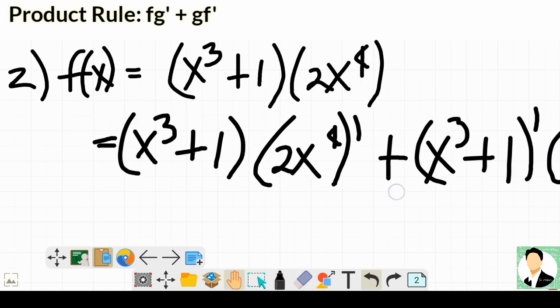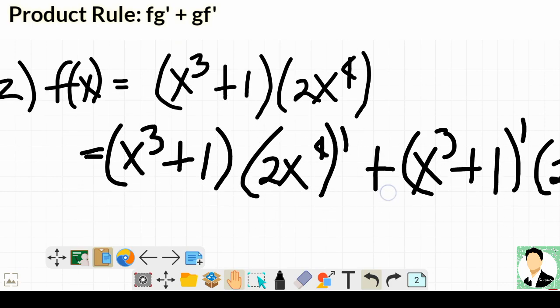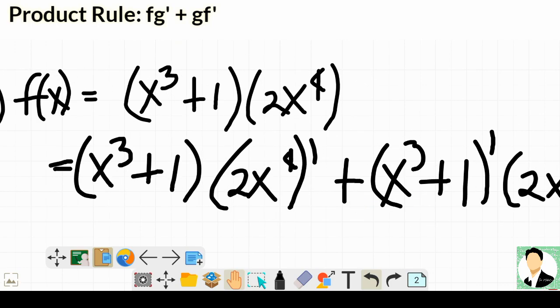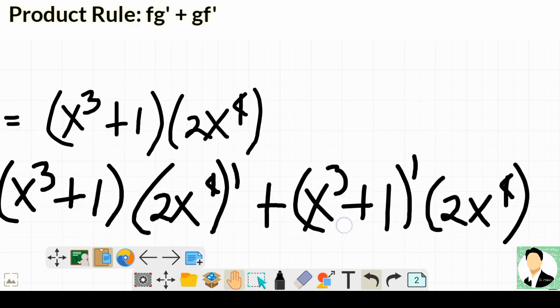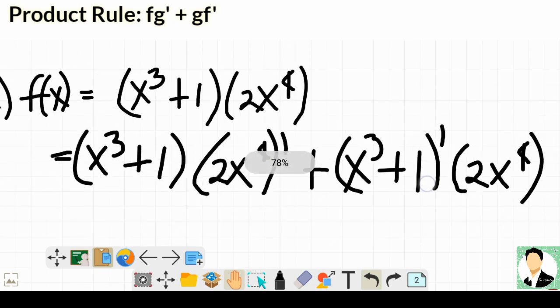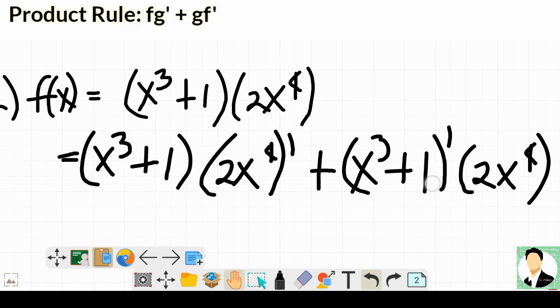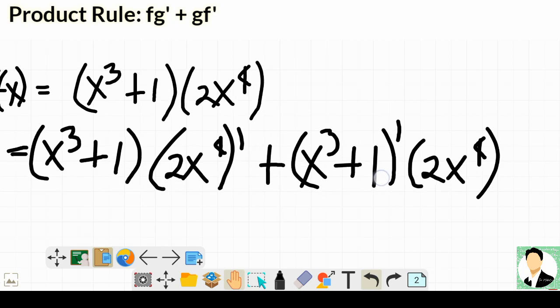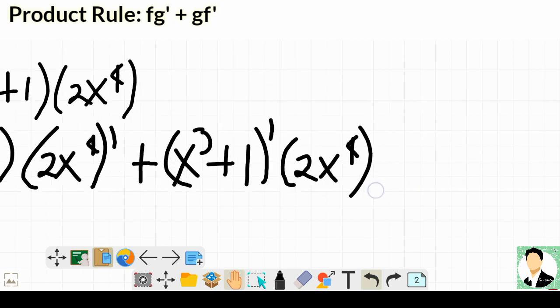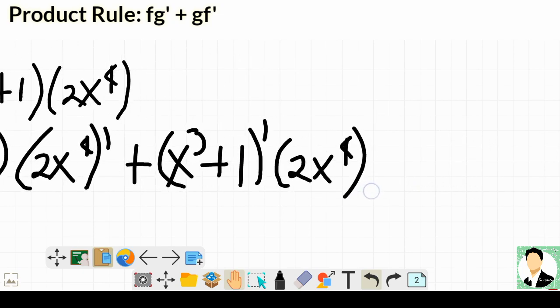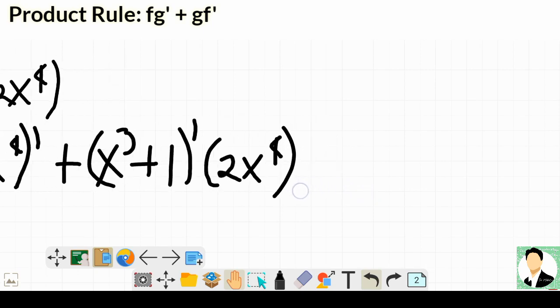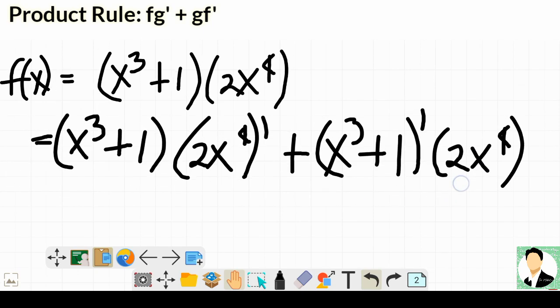Ang ginawa natin, ang f po natin is yung x raised to 3 plus 1 at ang g natin is yung 2x raised to 4. So, ginawa natin, x cubed plus 1 times yung derivative ng 2x raised to 4 plus yung derivative ng x raised to 3 plus 1 and then times 2x raised to 4.